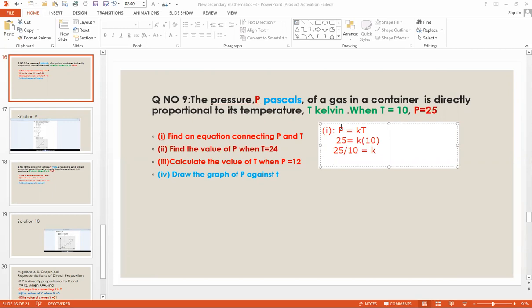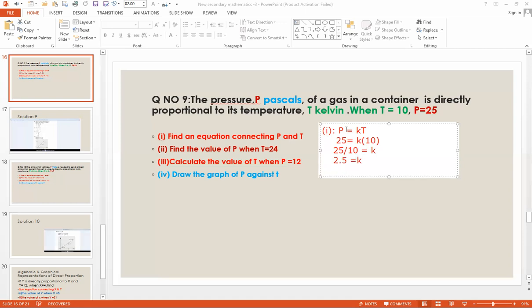So if your brother's name is addition, what is the name of his friend? Subtraction. Similarly, if your name is division, what is the name of your friend? Multiplication. So multiplication will play with division and addition with subtraction. So 25 divided by 10 and you will get 2.5 and that is the value of k.